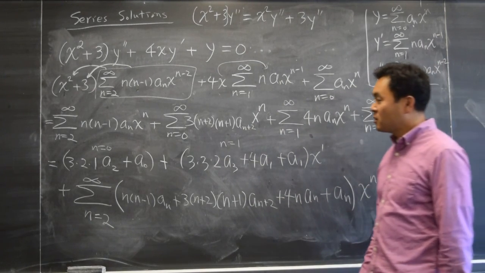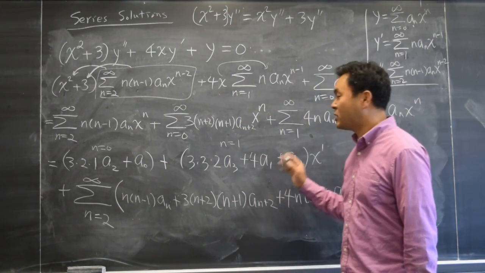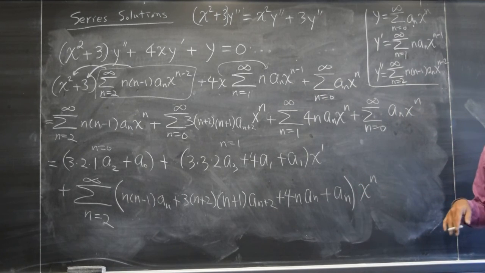And the first two, if you solve them, will give you a2 and a3 in terms of a0 and a1, whereas the last one will give you the recurrence relation.